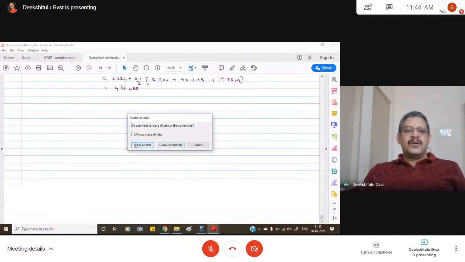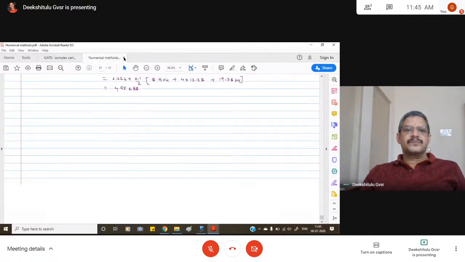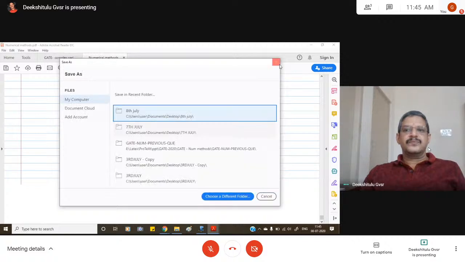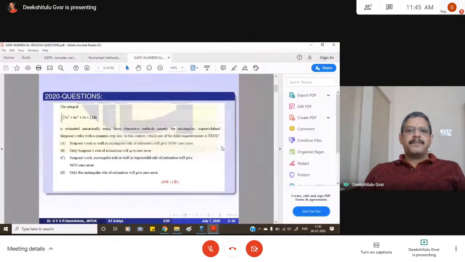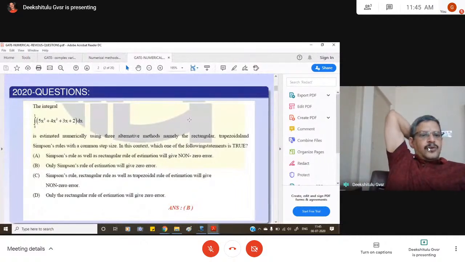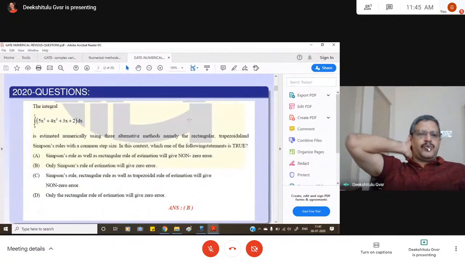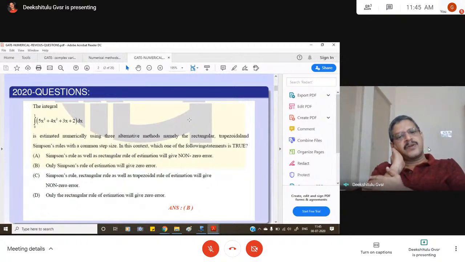Now let us see what top 5 questions we are getting in GATE. The first question, in 2020: the integral from 0 to 1 of 5x cube plus 4x square plus 3x plus 2 is estimated numerically using three alternative methods, namely rectangular, trapezoidal, and Simpson's rule with common step size.